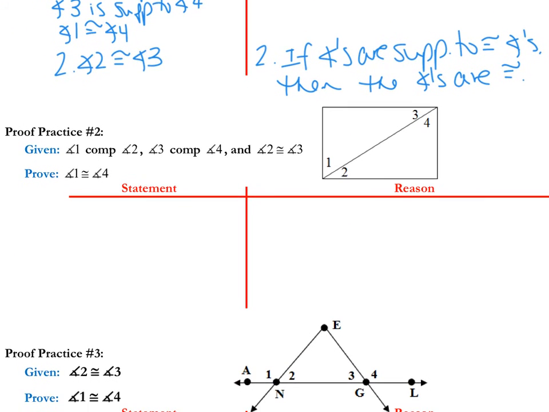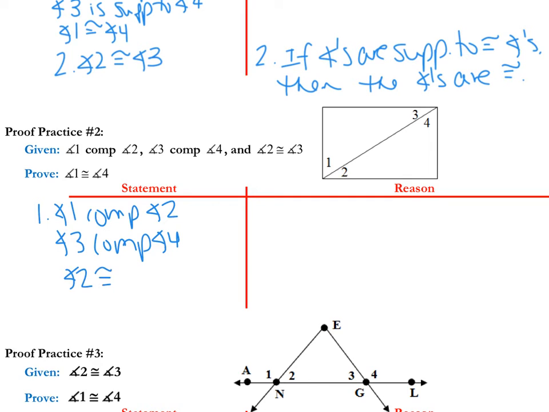All right, next example. So the problem gives us that angle 1 is complementary to angle 2. Angle 3 is complementary to angle 4. And angle 2 is congruent to angle 3. So again, this is a pretty quick proof because we already know that we have two pairs of complementary angles, and we already know that angle 2 is congruent to angle 3.